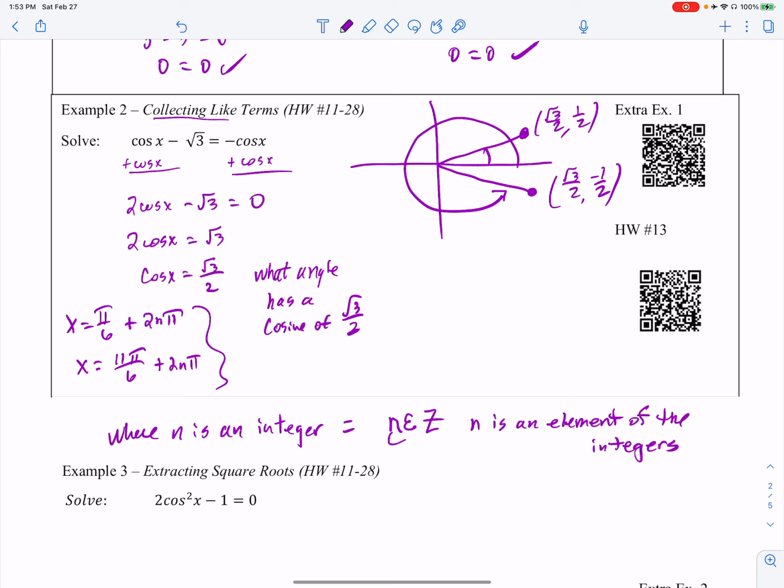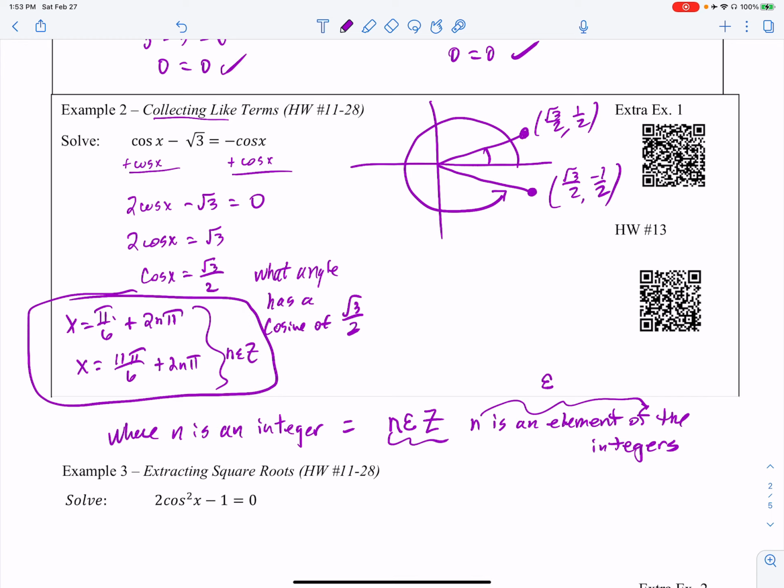So this right here reads n is an element of. That is an element of is that kind of scripted E. And Z is the set of integers. So we can just write that and be a lot faster than having to write out where n is an integer. And then these are your solutions.